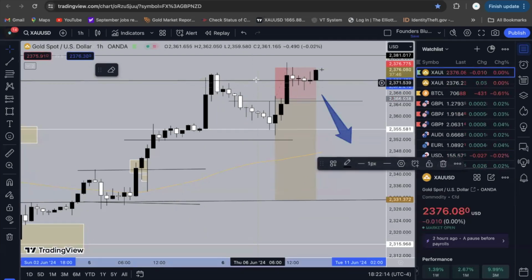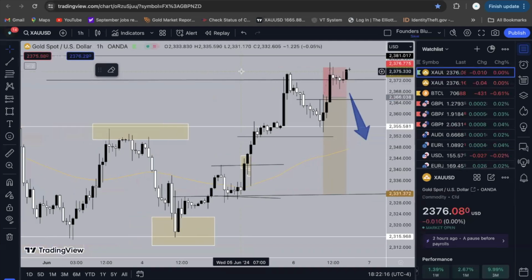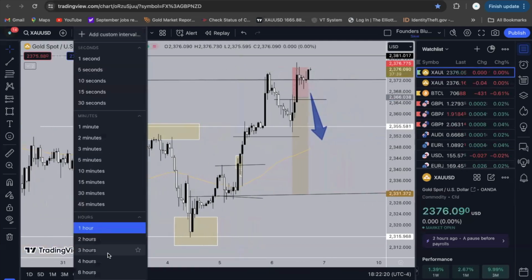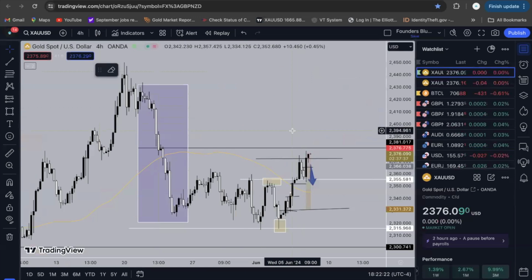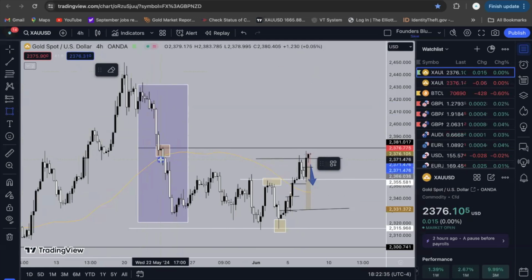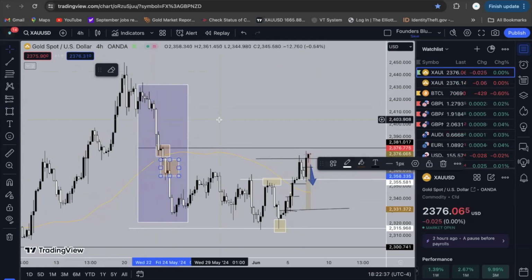But guess what? We're still anticipating it to go down, potentially, because right here you got resistance, and right here you have resistance as well.